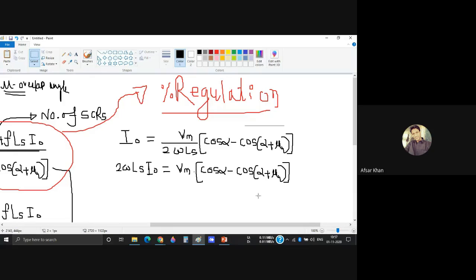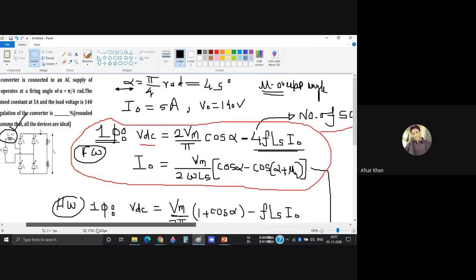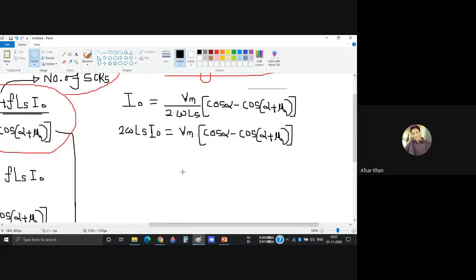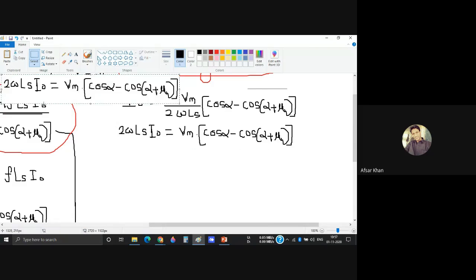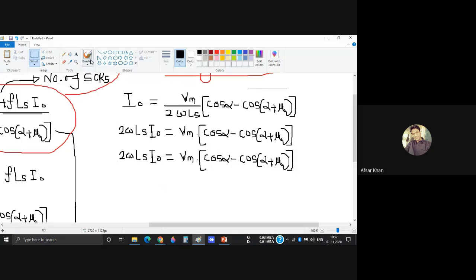So, sir, everything is given to us, only mu is not given. So we have to solve for mu in terms of some equation. Now in this equation, I'm dividing by pi on both sides, here also with pi, here also with pi.